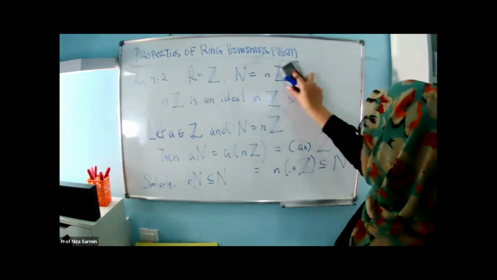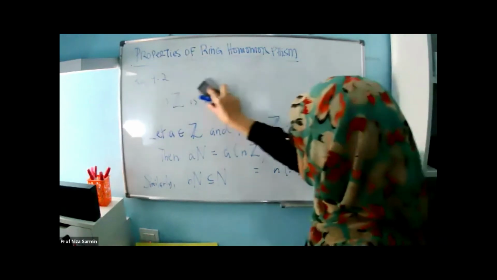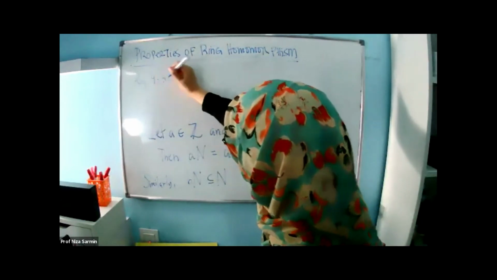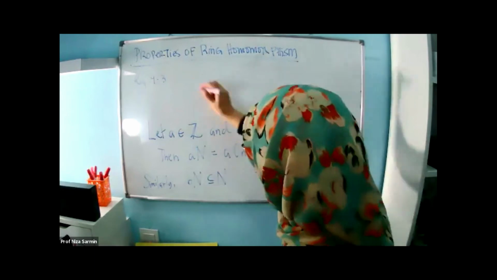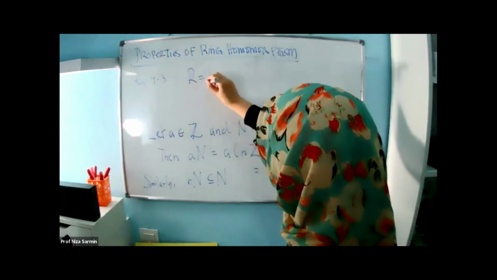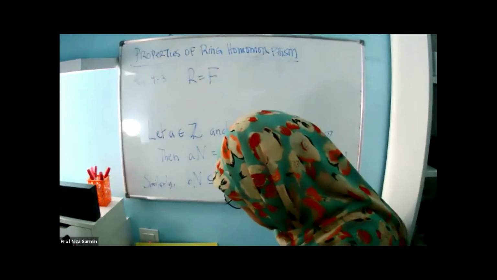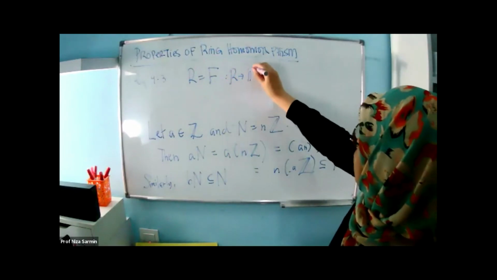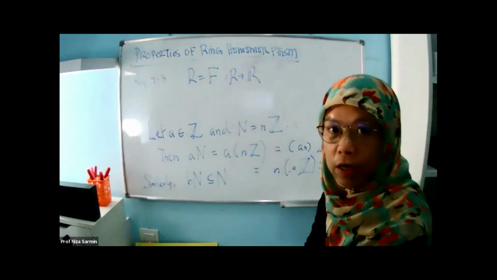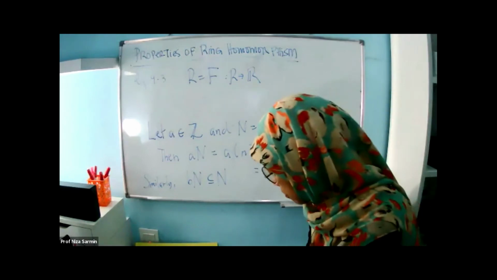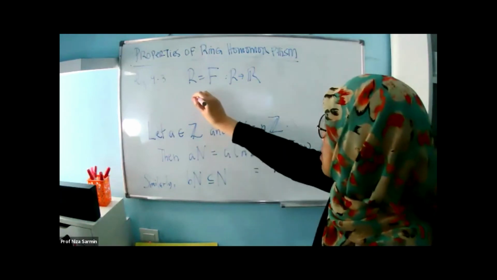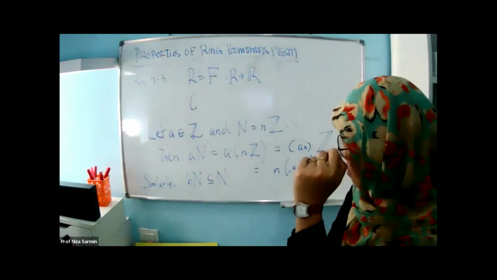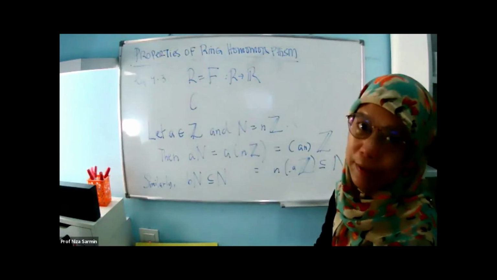Okay, so F is the ring of functions from R to R, and C, which is our N, right?